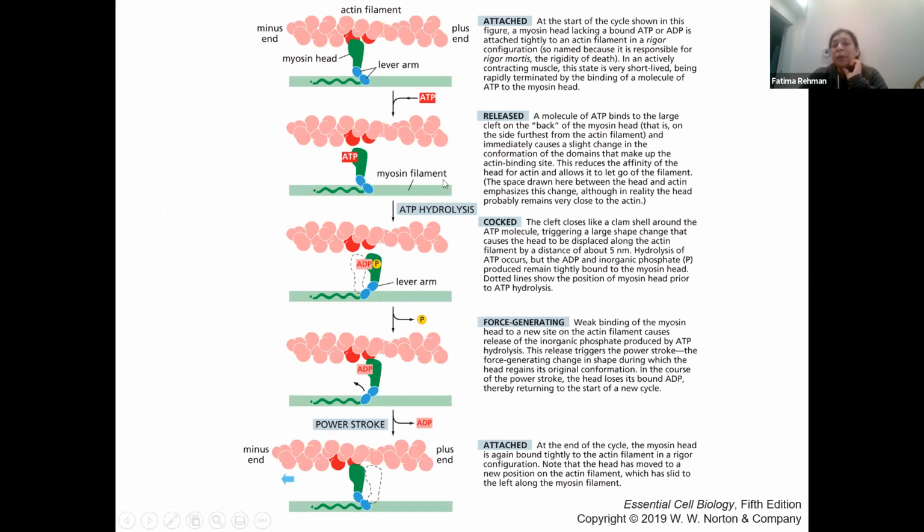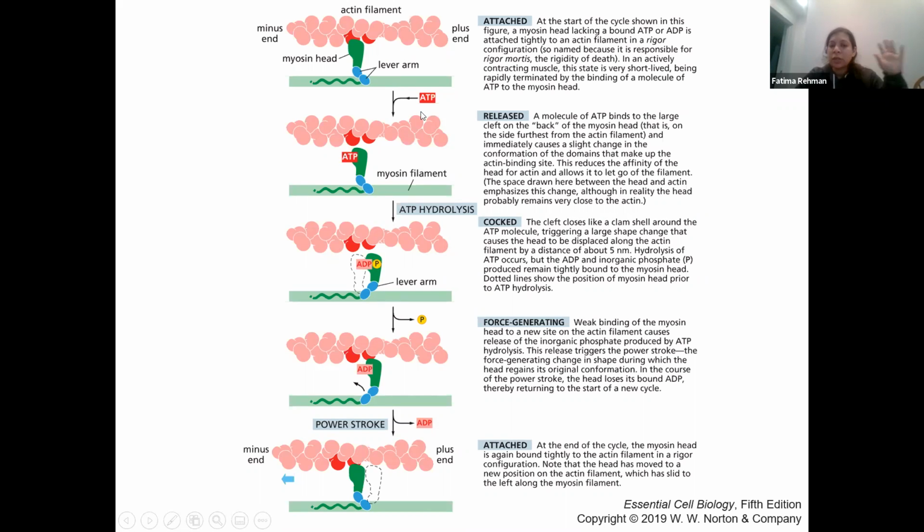So this movement is done very similar to how other motor proteins move, right? It's the same idea at the end of the day. It is done through ATP hydrolysis. Both the polymerization and depolymerization of actin, as well as its interaction with myosin, require ATP, right?